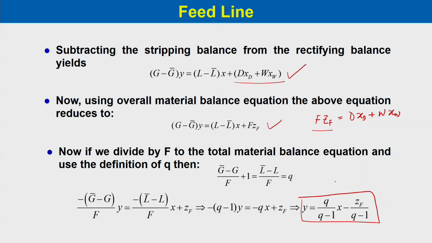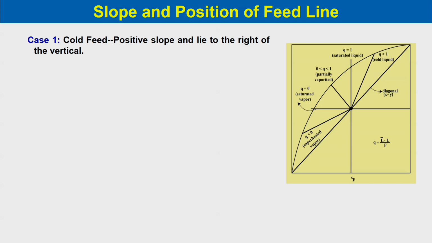So, this is the equation of the q line or the feed line, having the slope q by (q minus 1) and intercept minus zF by (q minus 1). Now, these are the positions of the feed line and their slopes depending on the values of q or the feed conditions.